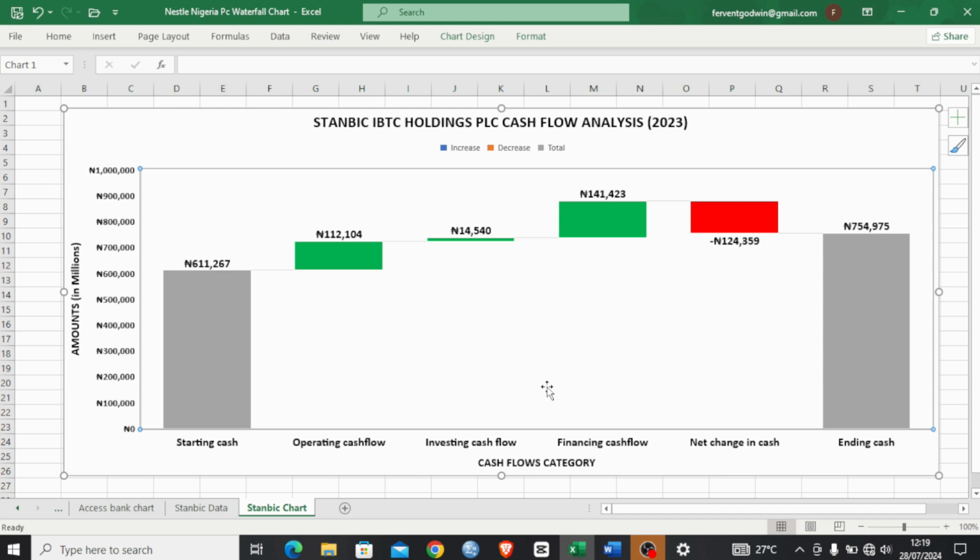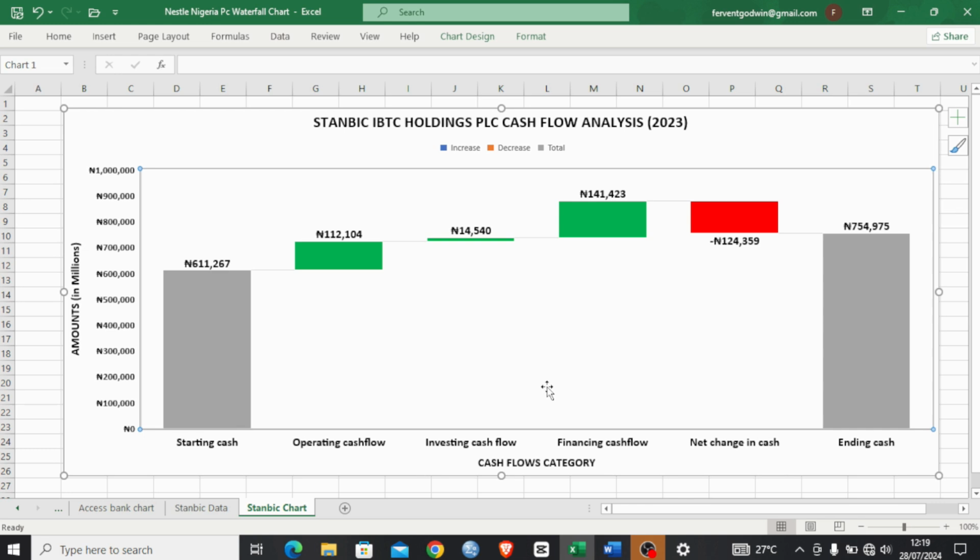All of the values in naira that we see here are in millions. So for instance, their starting cash, which is what they began with at the beginning of the year 2023, was 611 billion naira, and then they ended with a cash of 754 billion naira.